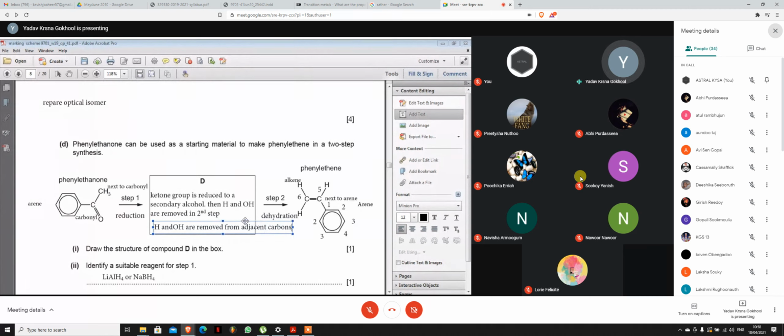Now this question could have been extended. All right, this question could have been extended where you can take the phenylethene and react with cold dilute KMnO4, or react with hot concentrated KMnO4.